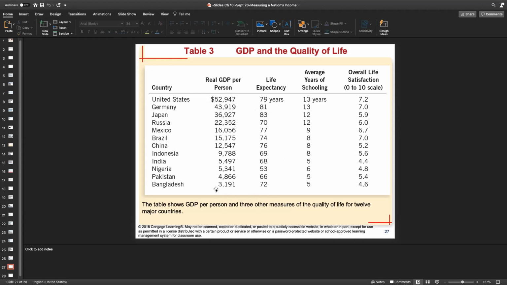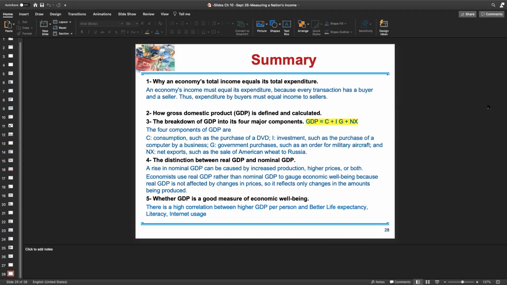The same is true for average years of schooling, which is lower for countries with a lower GDP per capita, and overall life satisfaction, of course, is lower for the countries with lower real GDP per capita.